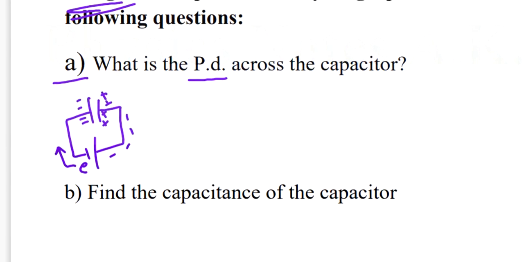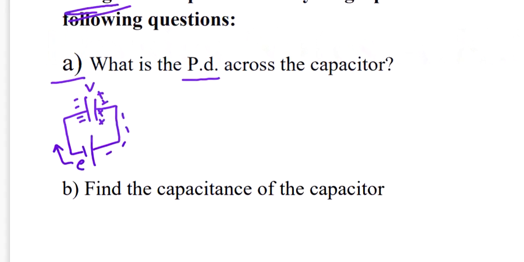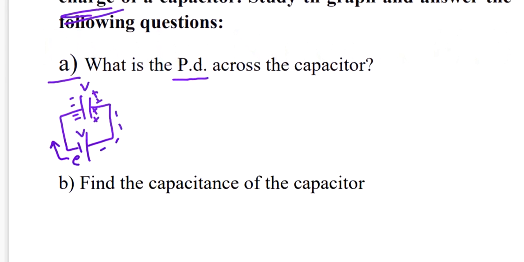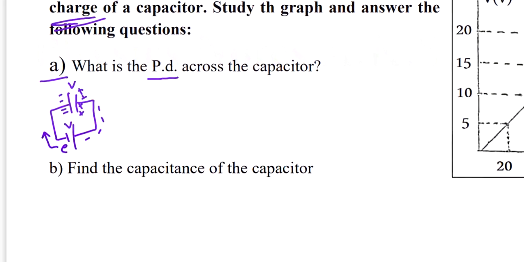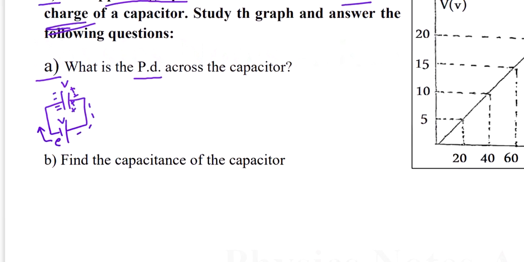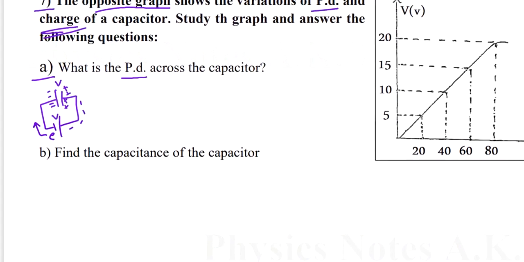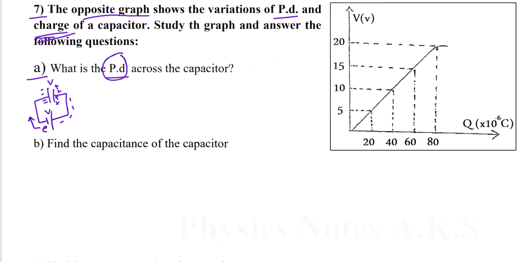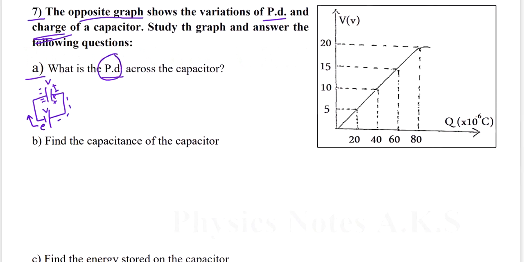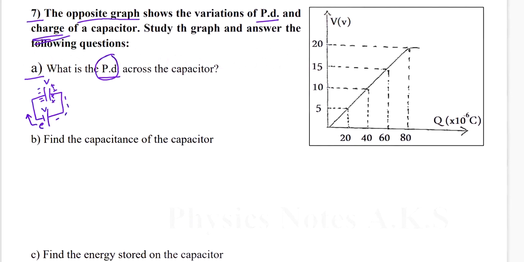So when the potential difference in the capacitor equals the potential difference of the battery, there will be no increasing of the charges on the 2 plates. So what is the potential difference on the capacitor? It's actually the value of potential difference when it stopped increasing.